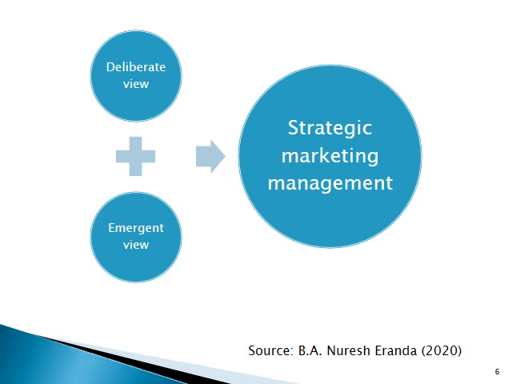You need a deliberate strategy, your plans which have already been developed, and also an emergent view to keep your strategy updated. So I like to see both of these combining and developing strategic marketing management.